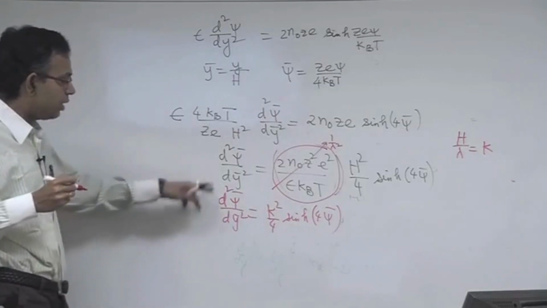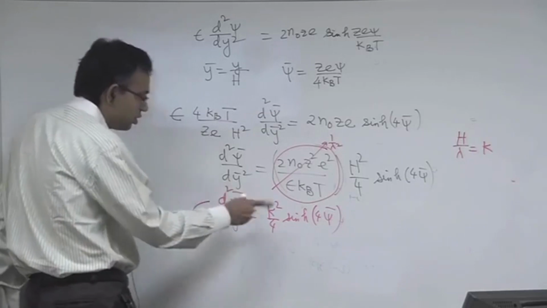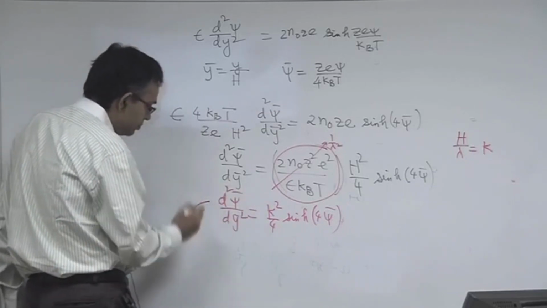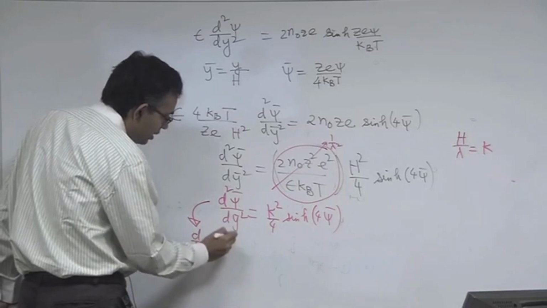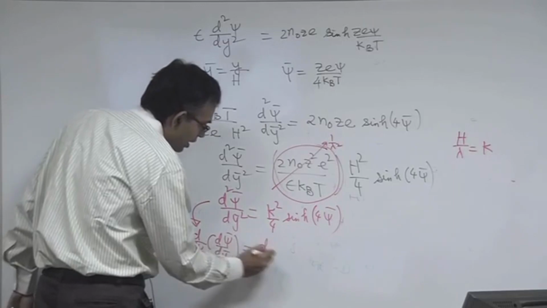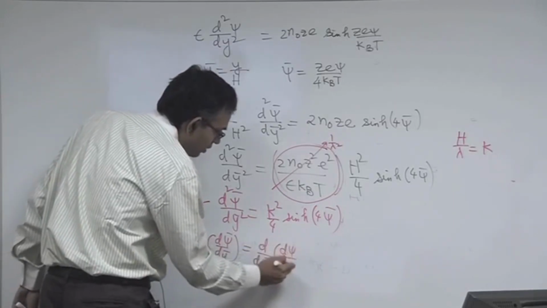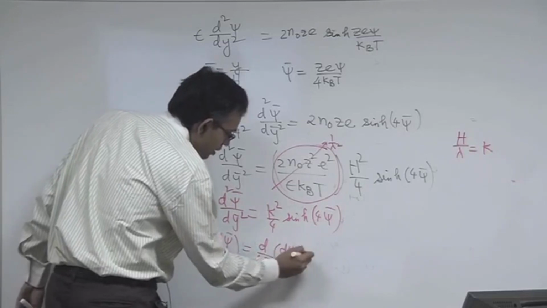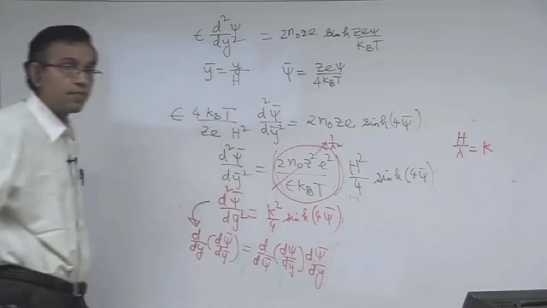Now d2 psi dy2, these are all non-dimensional, we can write as d dy of d psi dy, right. So this you can write as d of d psi dy into d psi dy, right.